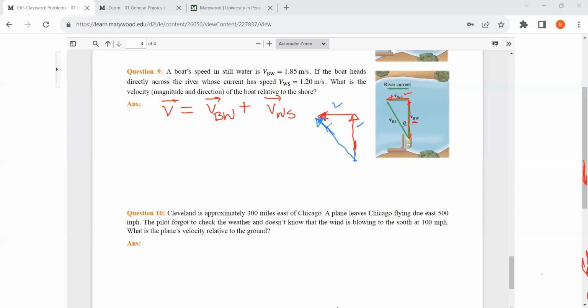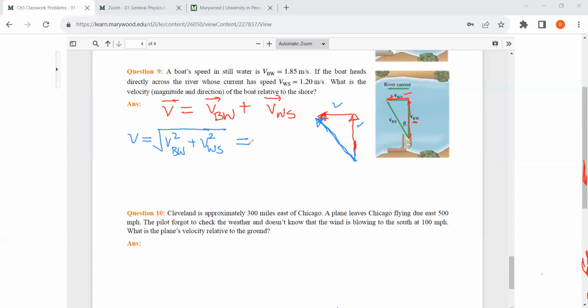Now you see that here the magnitude of this vector you can calculate from the Pythagorean theorem. That means the vector magnitude will be the square root of the boat's velocity squared plus the current's velocity squared.